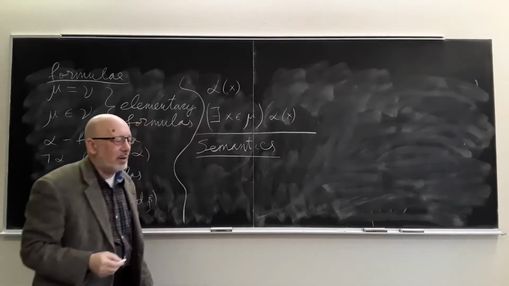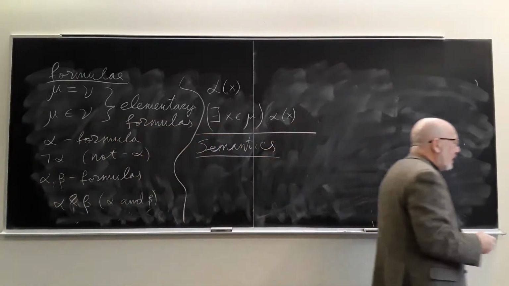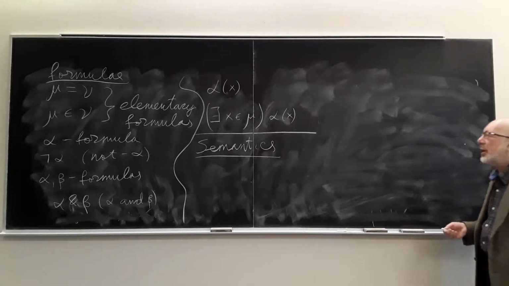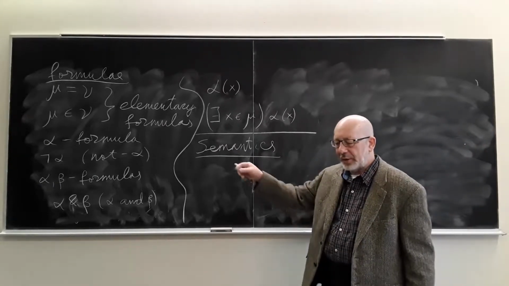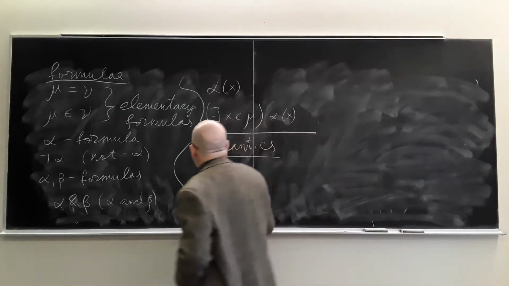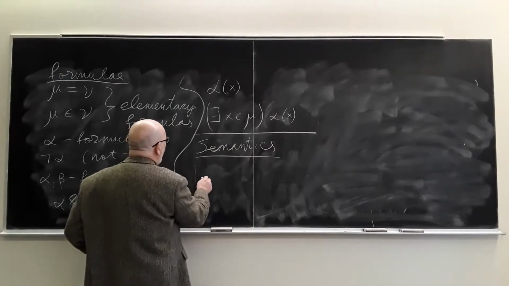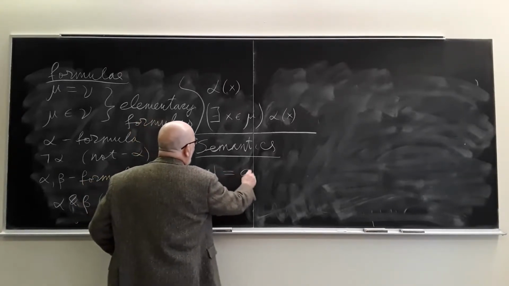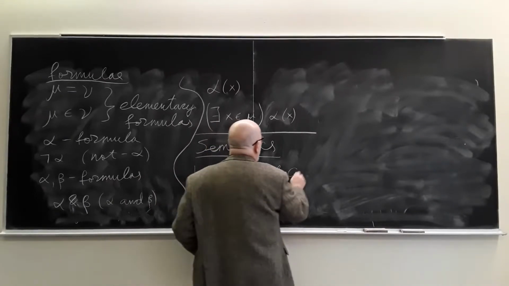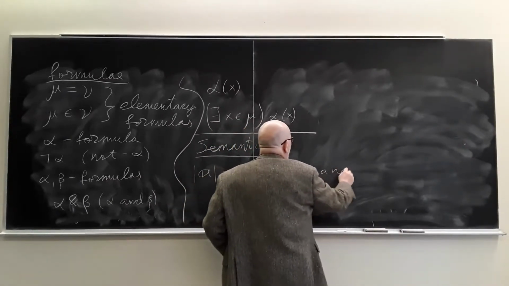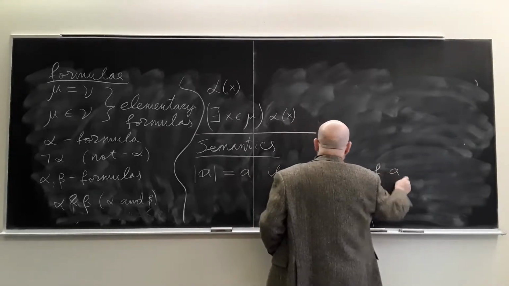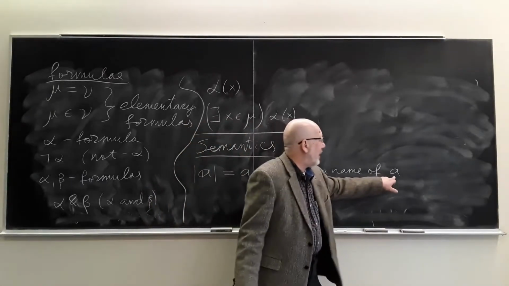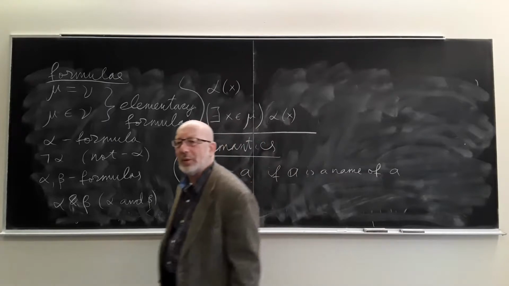Semantics is how to prescribe a sense to what we are writing, because what we are writing are just sequences of symbols. So the meaning of, say, a constant A equals A, if A is a name of A. So A is just a symbol, and this A is clearly an element of our universe.